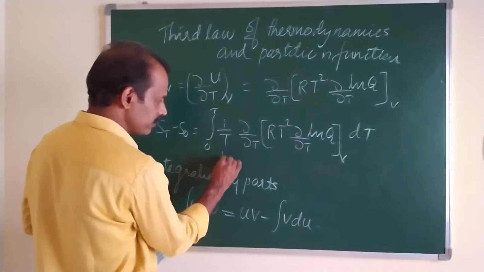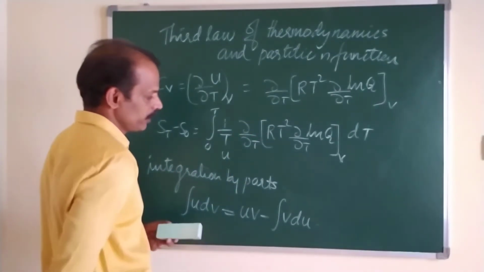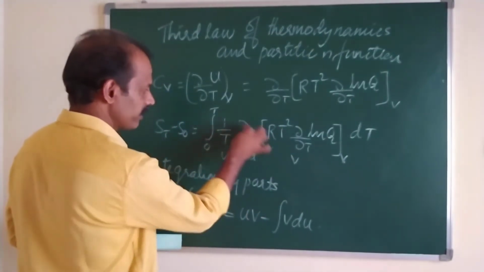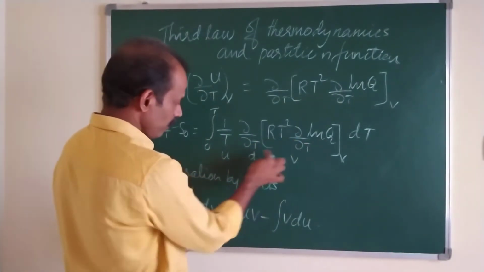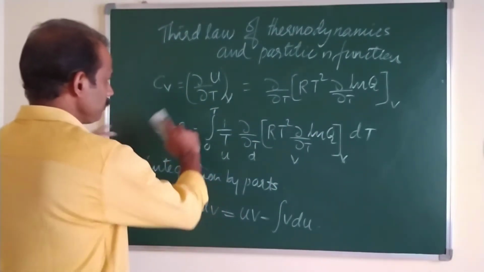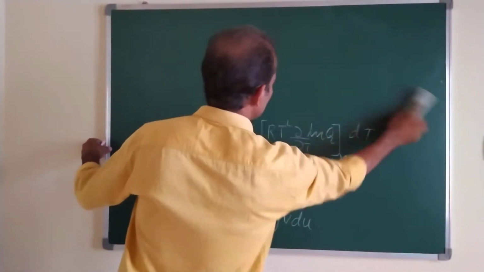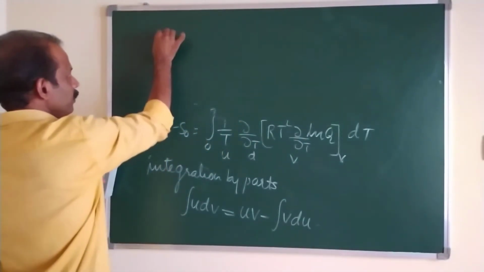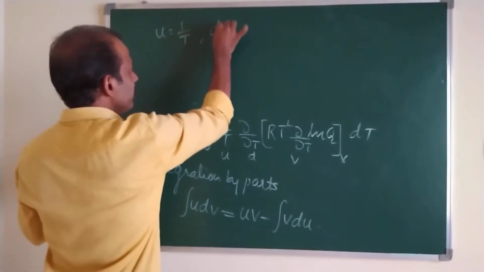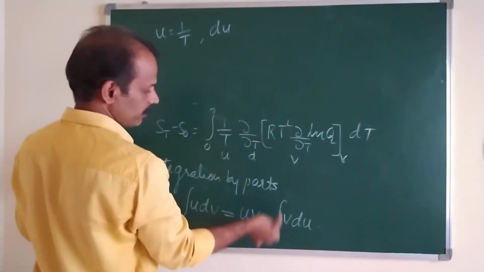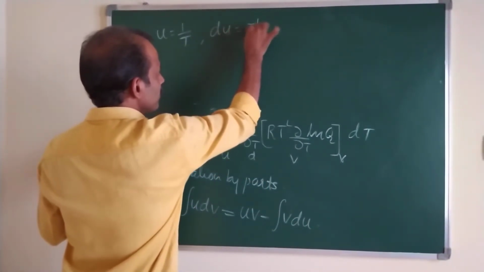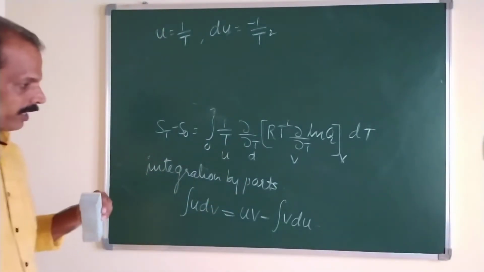Suppose this 1/T is u, and this is our dv. So our u is 1/T, and v is RT² ∂/∂T ln Q. Then du, we need du. du is equal to minus 1/T² dT.